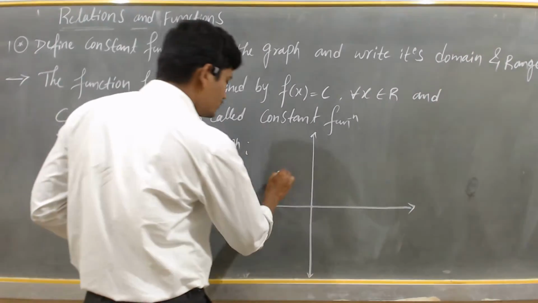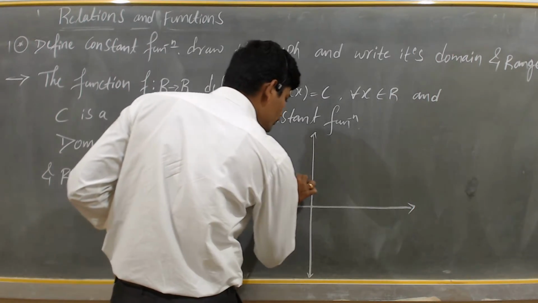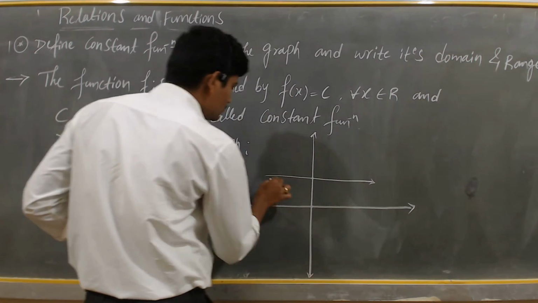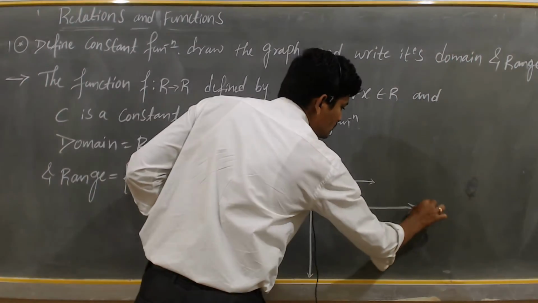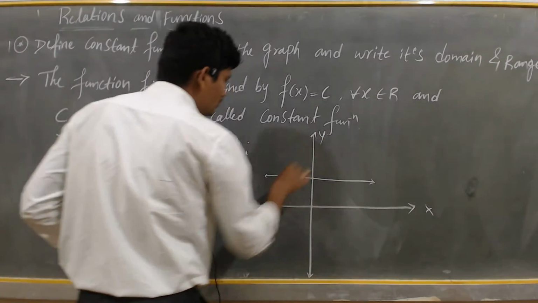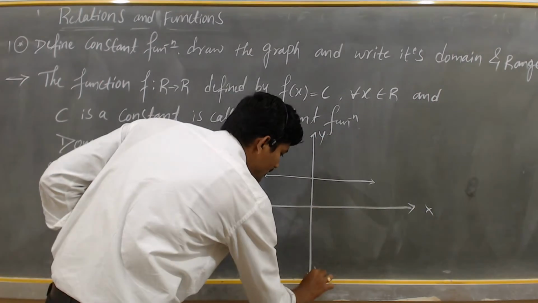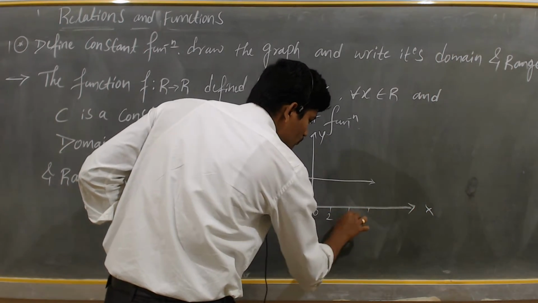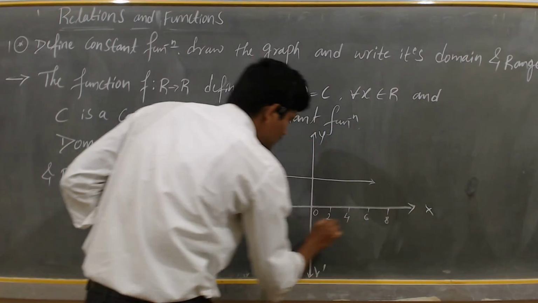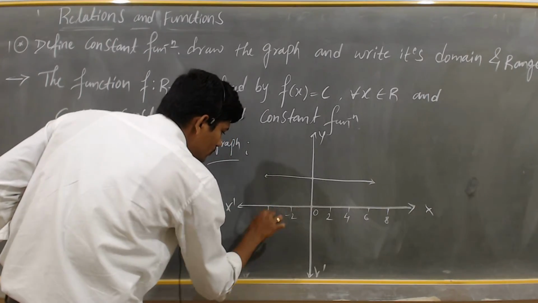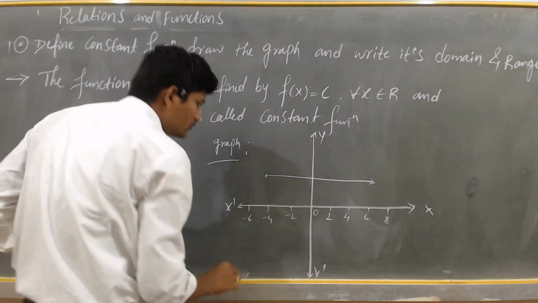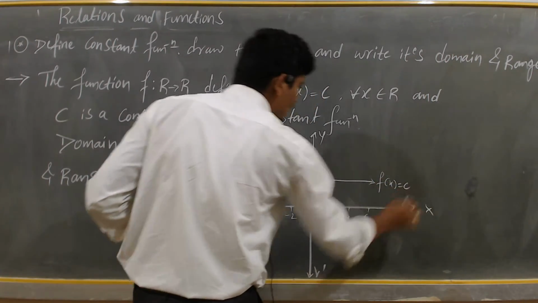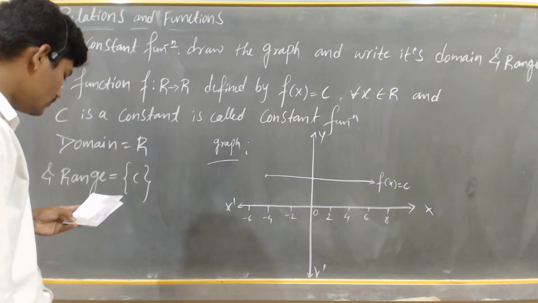Now this is the x axis, this is y, x dash, y dash, 0, 2, 4, 6, 8, and next minus 2, minus 4, minus 6. This is a straight line, and this straight line is parallel to the x axis.